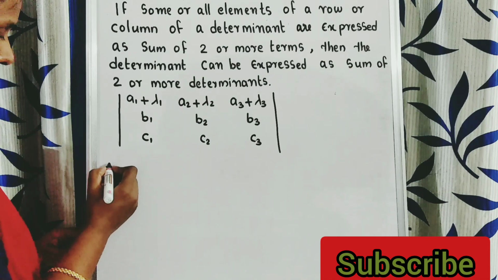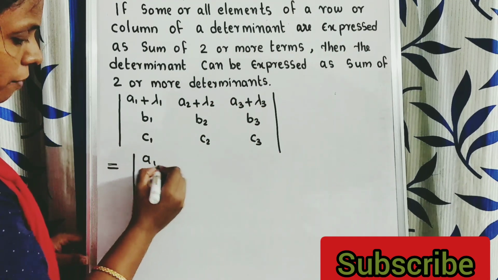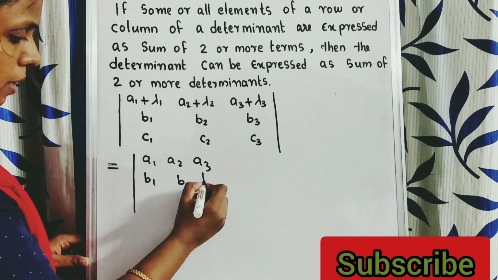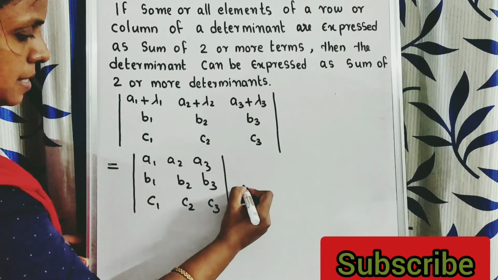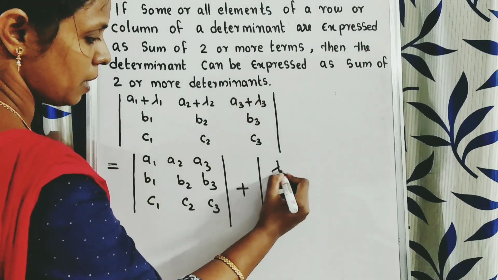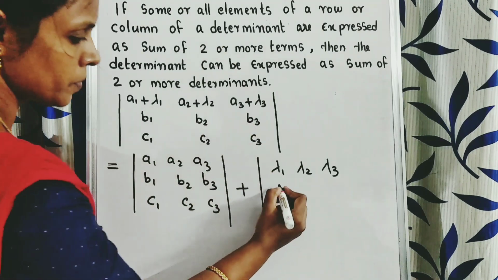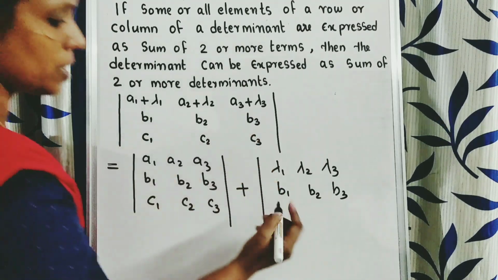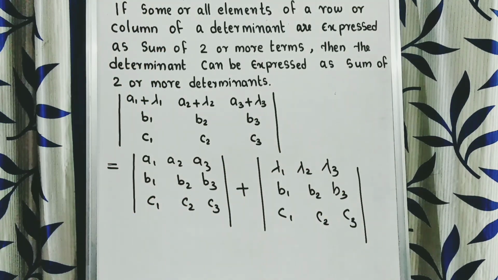It can be expressed as the determinant with rows a1, a2, a3; b1, b2, b3; c1, c2, c3, plus the determinant with rows lambda 1, lambda 2, lambda 3; b1, b2, b3; c1, c2, c3. Clear?